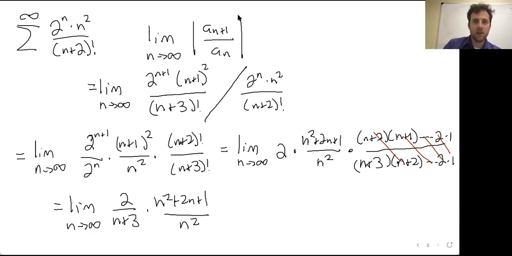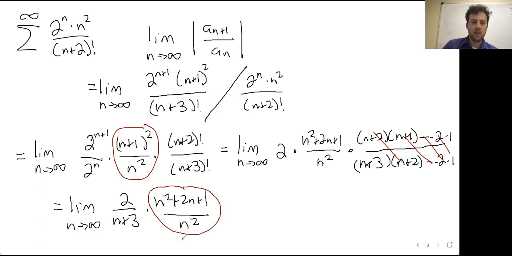So the limit of this part, which we're still keeping here, is going to converge to 1. And when you have polynomials around, that always happens with the ratio test. So this part goes to 1, and as n goes to infinity, n plus 3 goes infinite, so 2 over n plus 3 goes to 0. So we get 0 out.